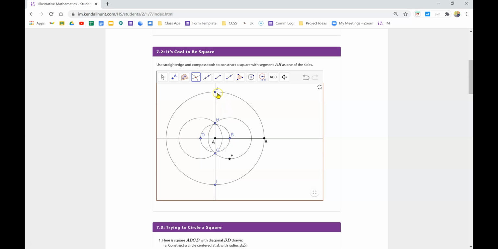Alright, I have this segment AJ and AB that are the same length, and they're perpendicular. Now I can do the same thing over here at B that I just did at A, repeat all the steps to get a perpendicular line through here, and that will give me a square.